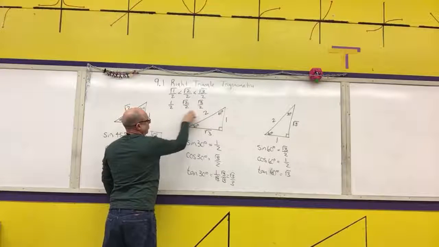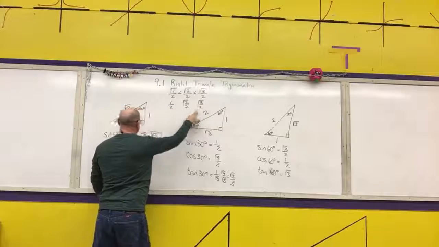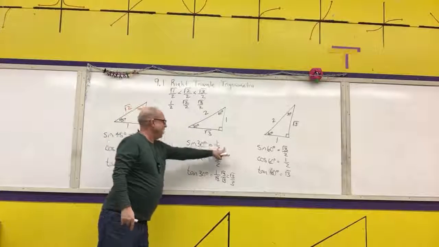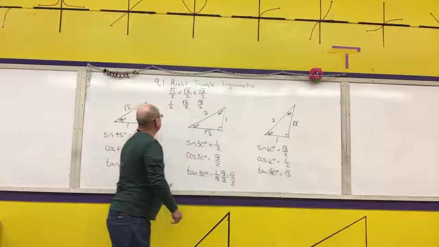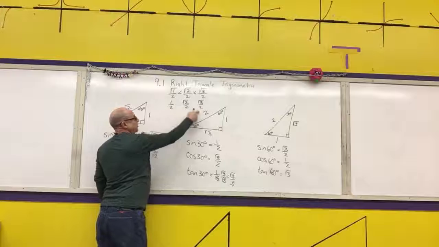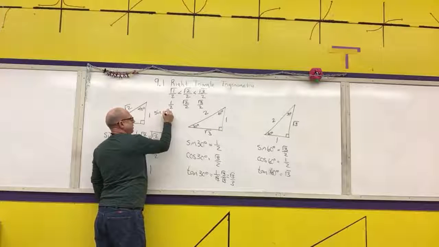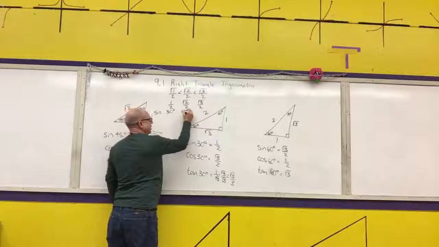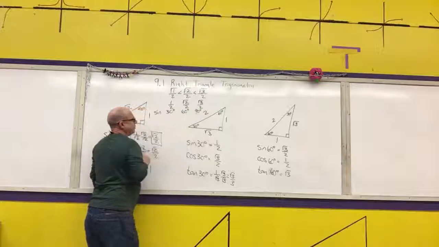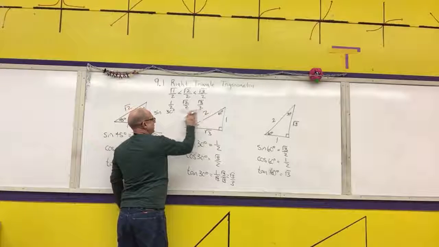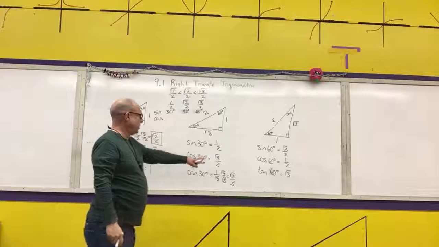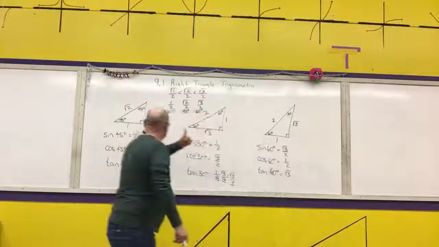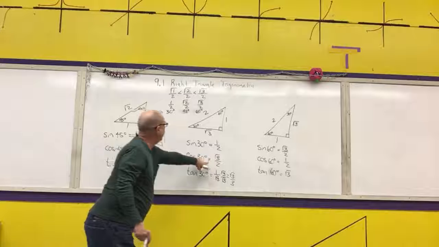So these are in numerical order: 1/2, square root of 2 over 2, square root of 3 over 2. So if we know these three numbers, this is the sine of 30, 45, and 60, sorry. And it is the cosine, so cosine of 60, 45, and then 30.